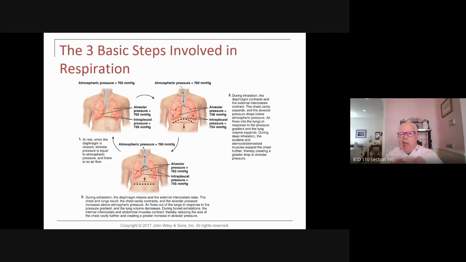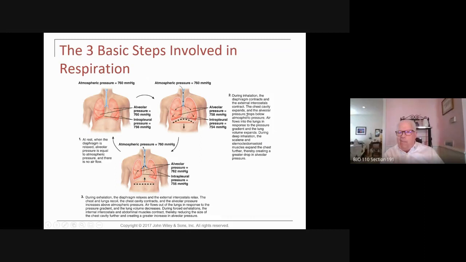When you inhale, the diaphragm contracts. The accessory muscles, otherwise known as the external intercostal muscles of your chest, contract. The chest cavity gets bigger.